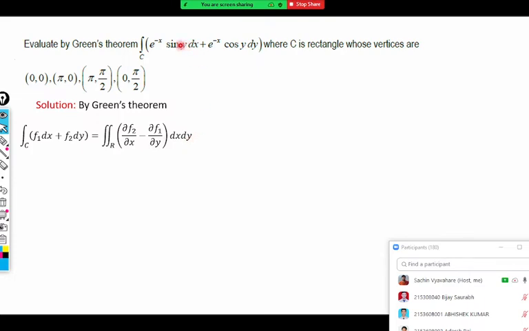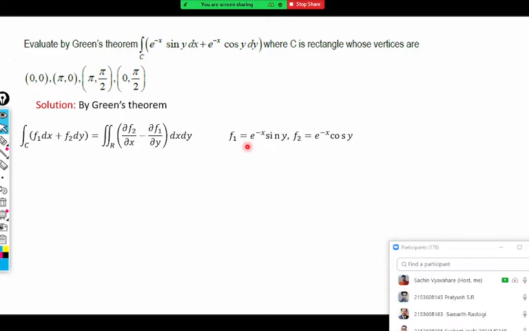Now compared to this integral, what are f1 and f2? f1 is e raised to minus x sine y, f2 is e raised to minus x cos y. These are the values of f1, f2 we get by comparison. Now what is dou f2 by dou x? Minus e raised to minus x cos y. Correct. And what is dou f1 by dou y? e raised to minus x cos y.